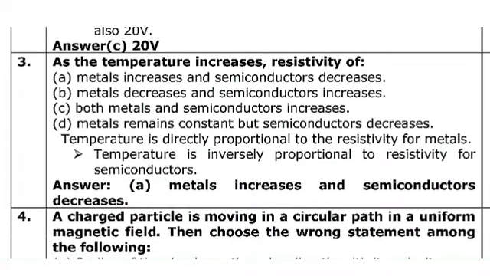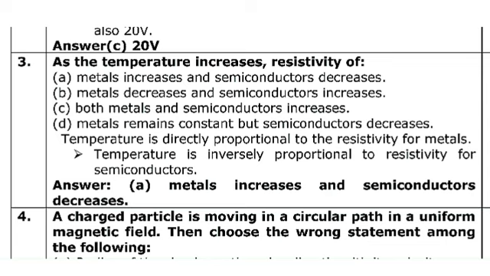As the temperature increases, resistivity of option A metals increases and semiconductors decreases, option B metals decreases and semiconductors increases, option C both metals and semiconductors increases, option D metals remains constant but semiconductors decreases.